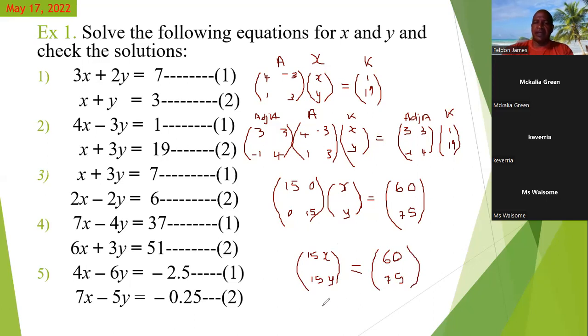So we equate 15x to 60, we get x equal to 4. So therefore, x is equal to 4.